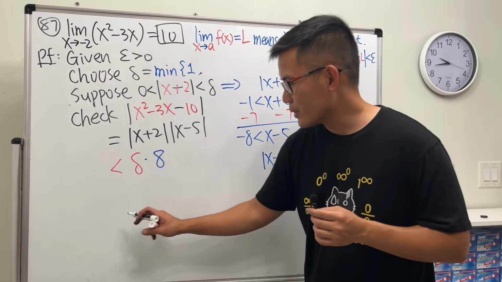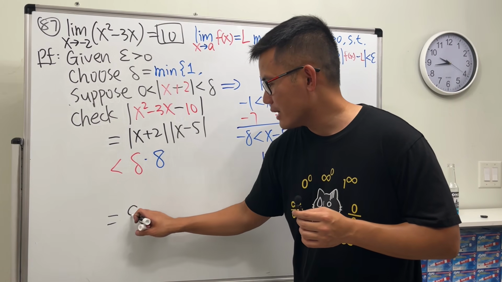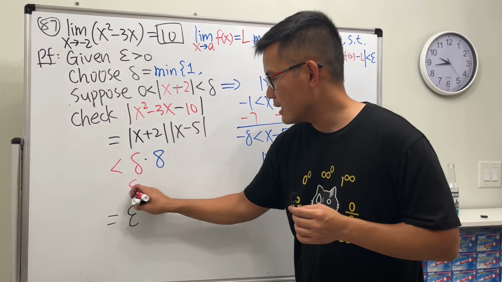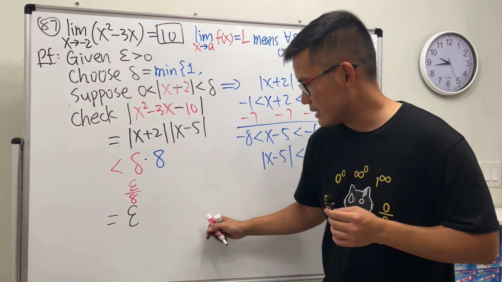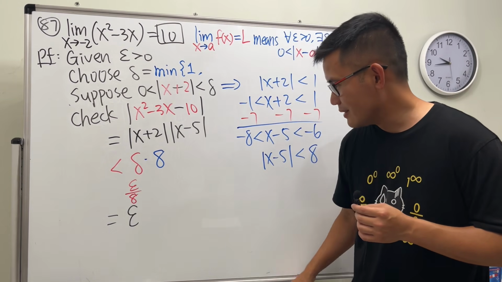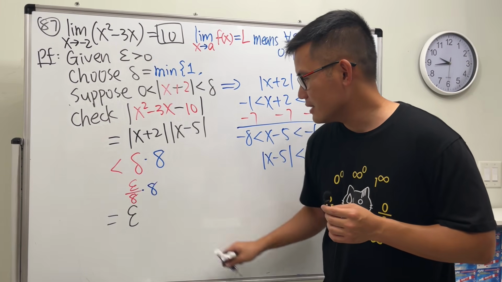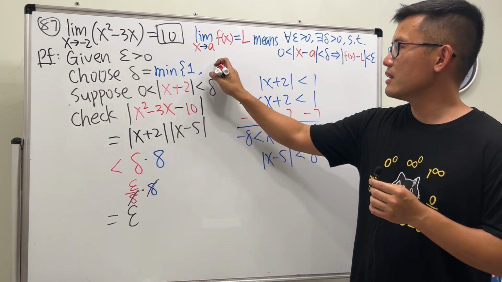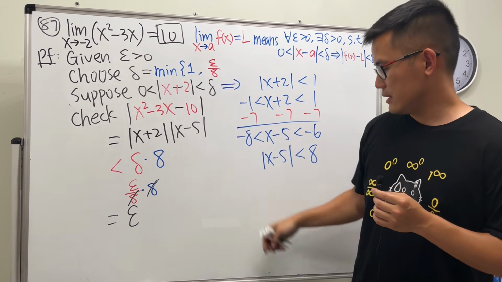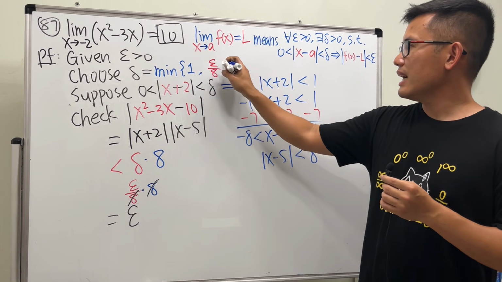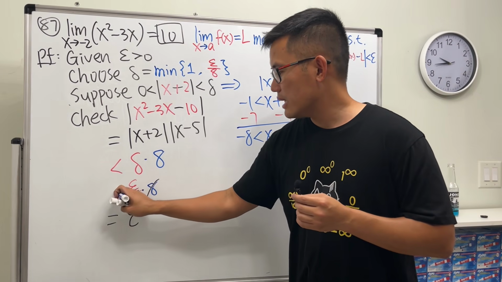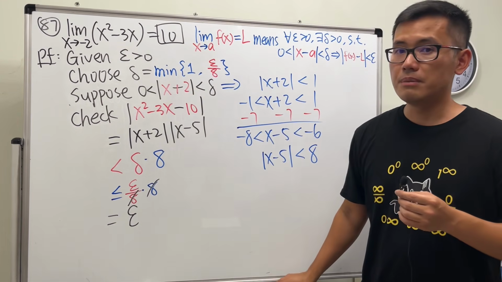At the end, we want to end up with epsilon. So delta should be equal to what? Epsilon over 8. Yes. Let me just write it down nicer for you guys. Times 8. Cancel, cancel. Come back here. Epsilon over 8. Close that, make it legitimate. And then right here, less than or equal to, because we use the minimum.